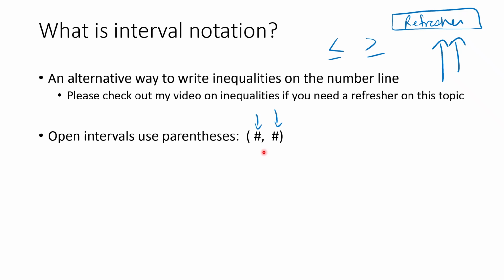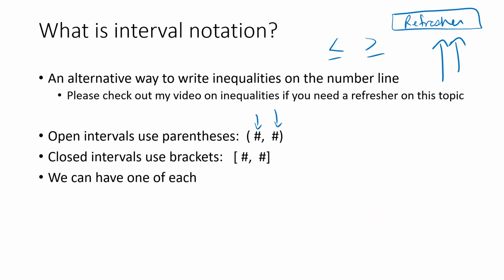It is sometimes used as an abbreviation for number. So we have a number and then another number, enclosed in parentheses. It looks like an ordered pair, but it's not an ordered pair like you would plot. It is an interval. Closed intervals will use a bracket instead of a parenthesis.